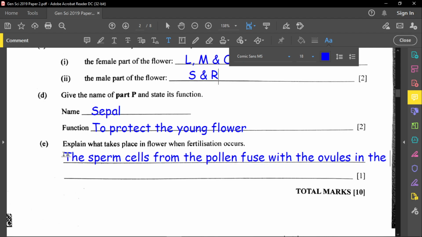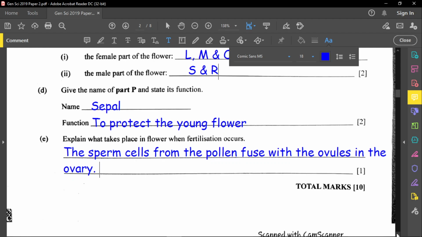So the sperm cells will come from the pollen and they will fuse with the ovules in the ovary. All right, so that's our first question.